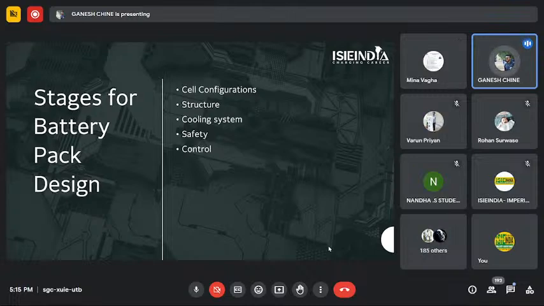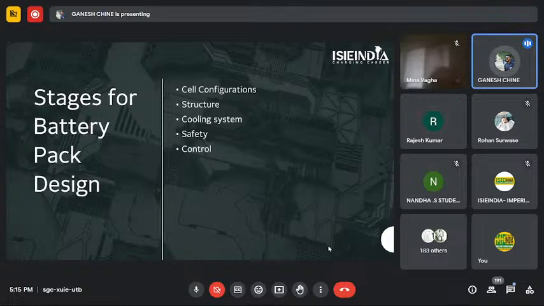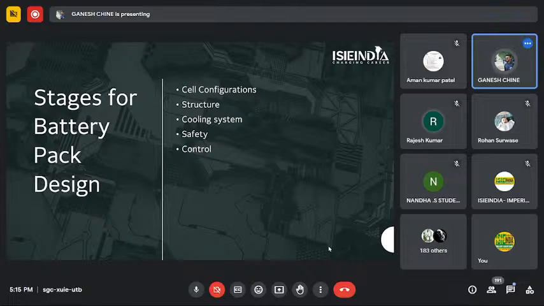For that material we require lightweight material, especially in the design of the cell holder, because once the weight of the battery pack gets high, we reduce our capacity.